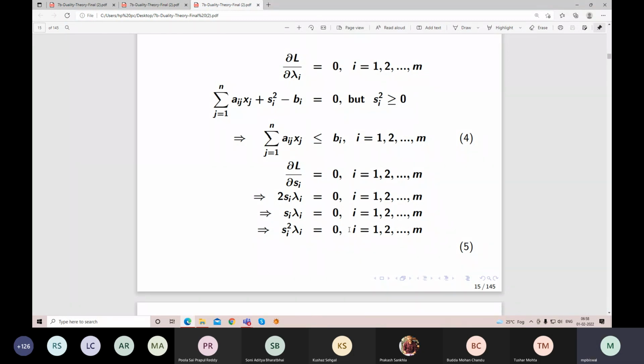Once you set the necessary condition, derivative equal to 0, we find some critical points. After finding the second derivative at those critical points, if it becomes positive, then it is a minimum. If it becomes negative, then it is a maximum. If it becomes 0, we cannot say anything.